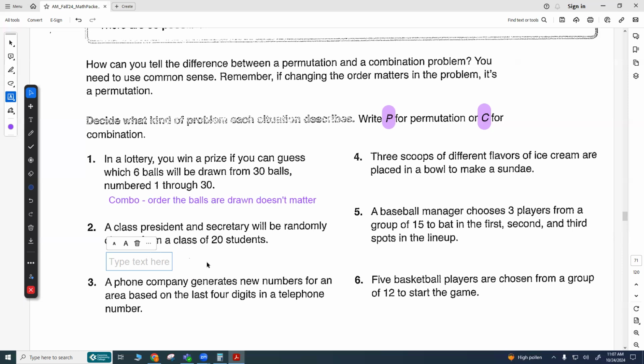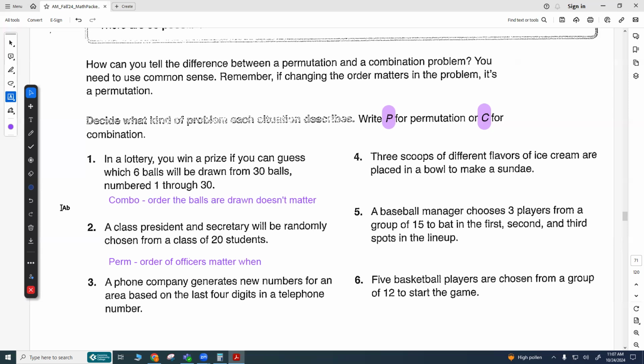Okay. So it would be 20 times 19. Well, there are two slots, right?